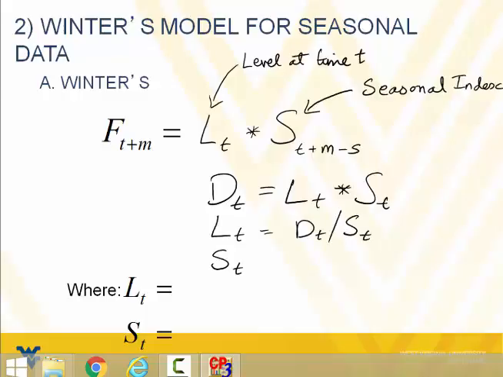And I can calculate what the seasonal index is by taking the demand divided by the level. And we're going to use both these methods in both deriving our formulas here as well as in initialization. Okay? So let's look at our formulas first.